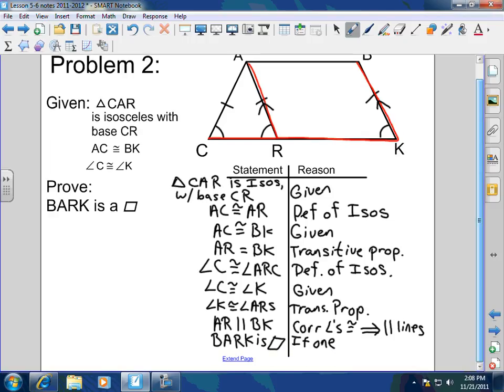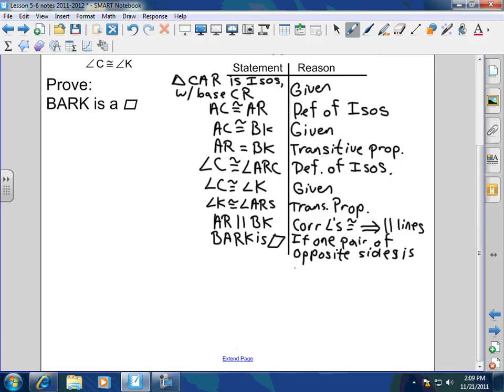Very good, son. If one pair of opposite sides is congruent and parallel, then the quad is a parallelogram.